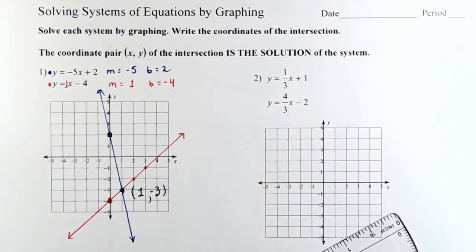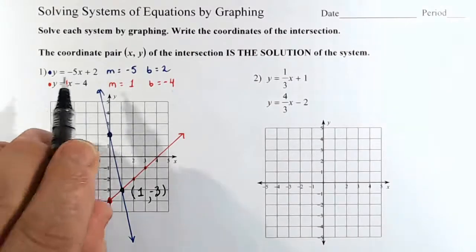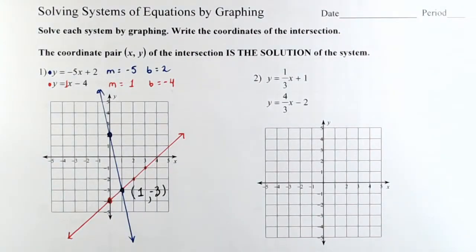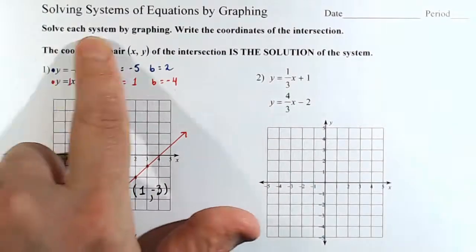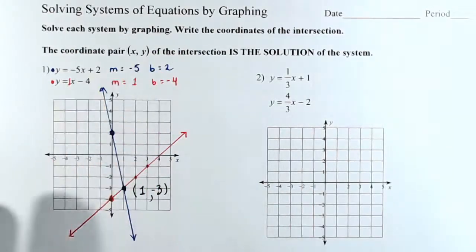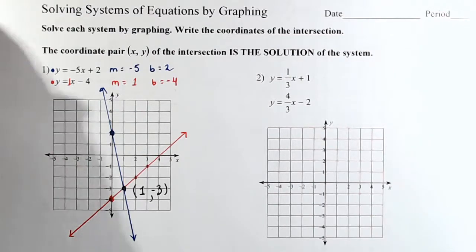It doesn't get any harder than that. Sometimes the equations are not in slope-intercept form, so you'd have to put them in slope-intercept form by manipulating them a little bit and then graphing, but that's how you would do number 2, same way you did number 1. And I recommend you write this out. Write down m, write down b. Use different colors so you can help distinguish them.